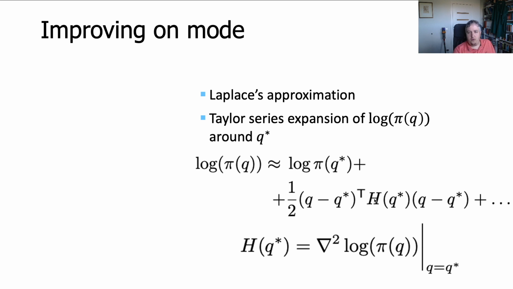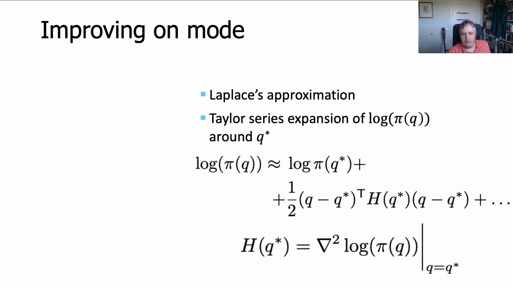So it describes the quadratic form with respect to distance from the mode, on the Hessian matrix of the logarithm of P of Q, computed at Q star, so computed at the mode. So we create a quadratic approximation to the logarithm.